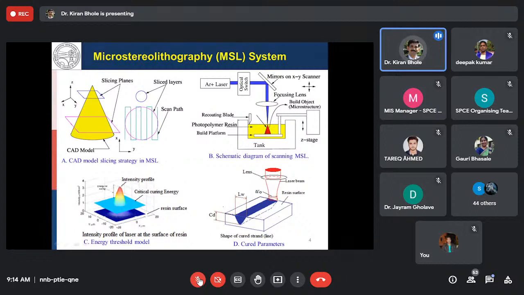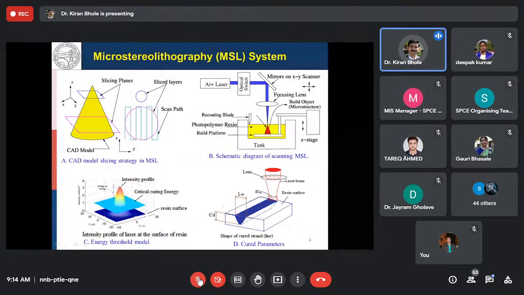After slicing the CAD model, we get the 2D plane. But to fabricate this 2D plane by scanning the laser light line by line onto the photopolymer solution, we require an accurate scan path program.